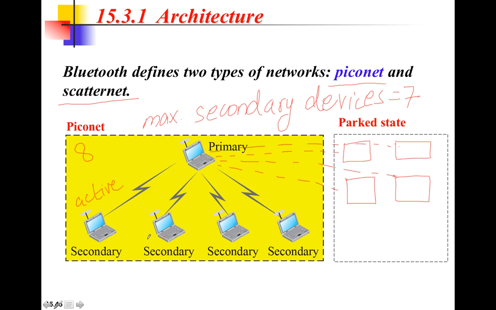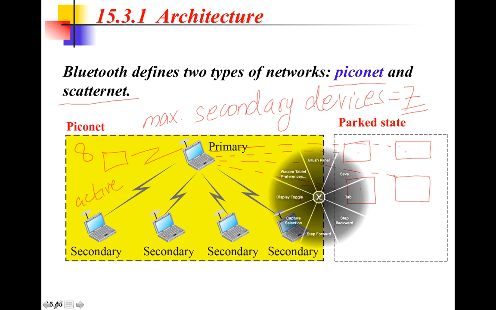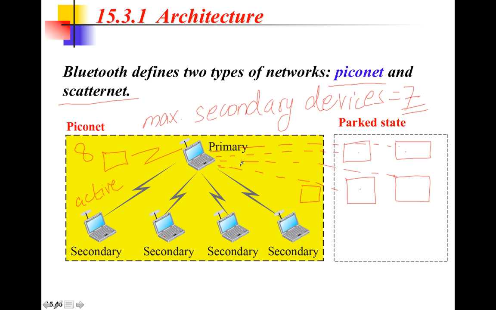So in this scenario, there are only 4 secondary devices. So you could have 1, 2, and 3 devices still join this network without any problem. But if all 4 of them now want to join, we will have to remove 1 device to add the 4, because we want to maintain the maximum number of secondary devices at any given time to 7.